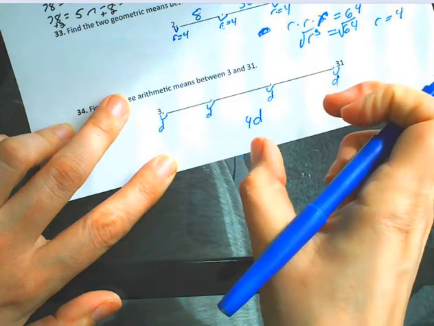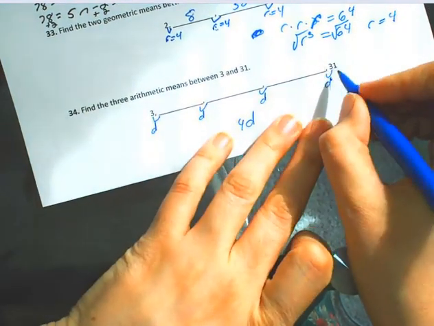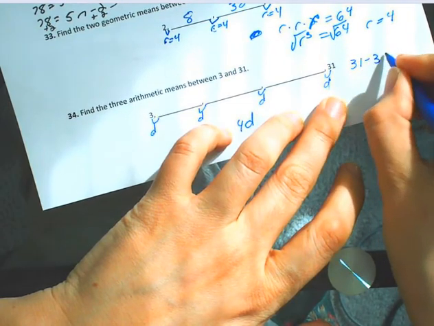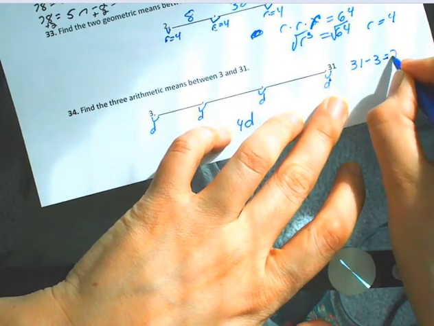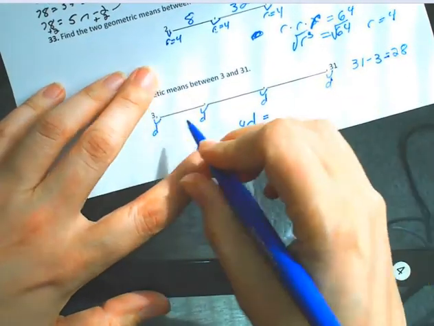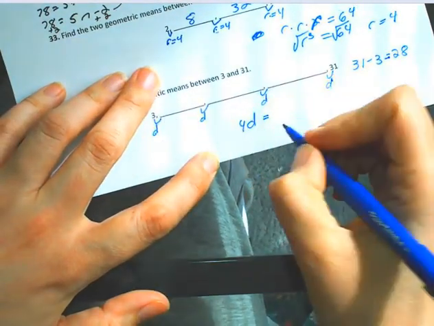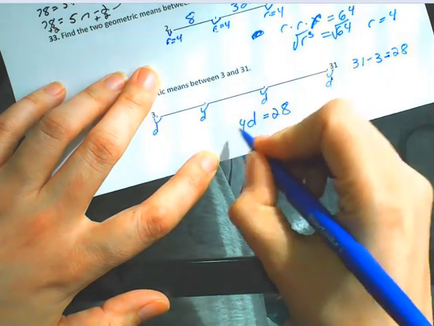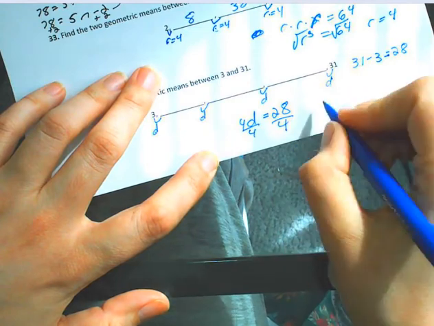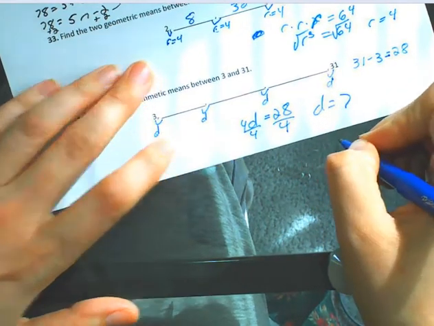And then I need to find out how I got from 3 to 31. Well, 31 minus 3 is going to give me 28. So I've got to divide that evenly between these 4, I'd like to call them jumps. So 4d equals 28, divided by 4. So d equals 7. Well, let's see if that works.